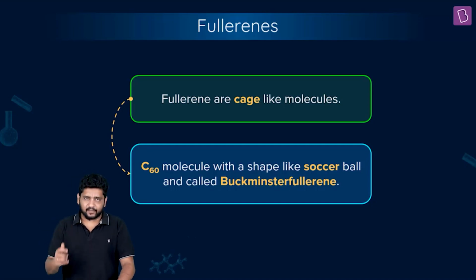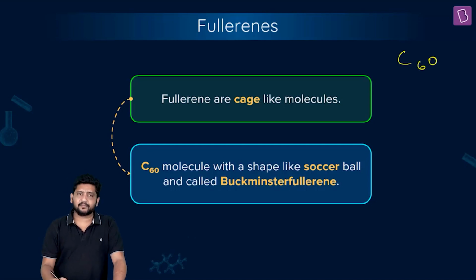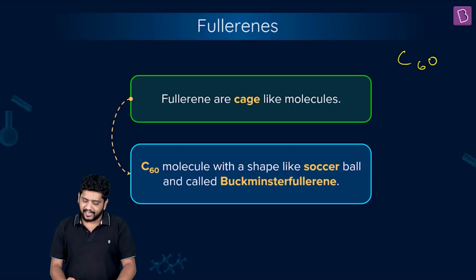But as far as C60 is concerned, what is C60? Your Buckminster Fullerene. It has these 5-member and 6-member rings. It's very much like a football. Other Buckminster Fullerenes are also there, but C60 is pretty famous, the buckyball, and it's like a soccer ball, as I was telling you.